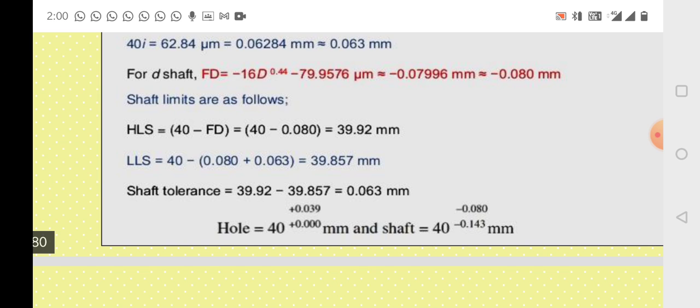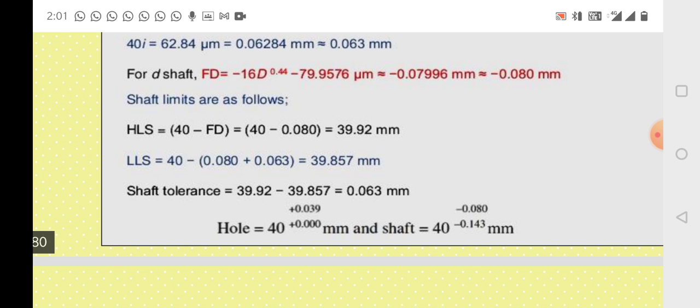Now if we represent the hole, it is basic size, the higher limit plus and the lower limit is 0. Obviously it is basic hole, it is 0, and for shaft the higher limit and the lower limit. So you can represent this in this manner. So this is the hole, this is the shaft, and these are its tolerances.